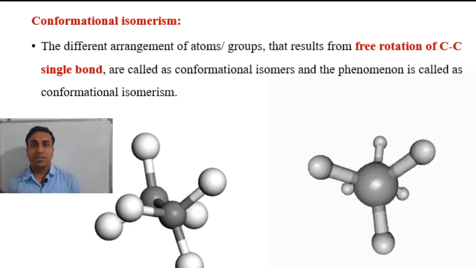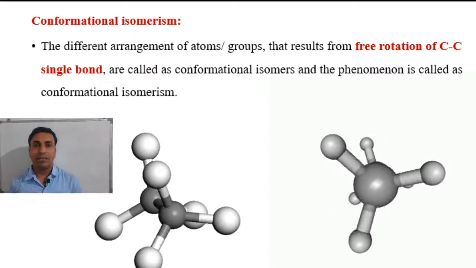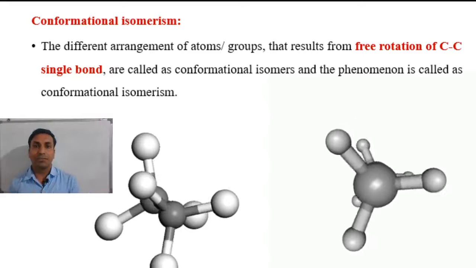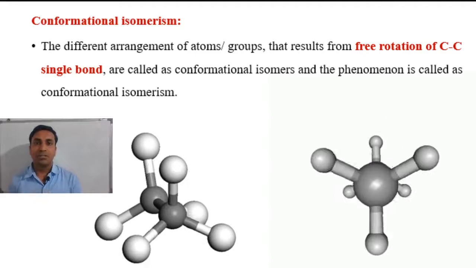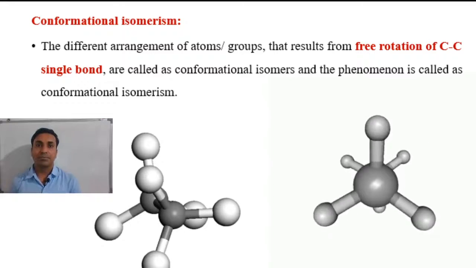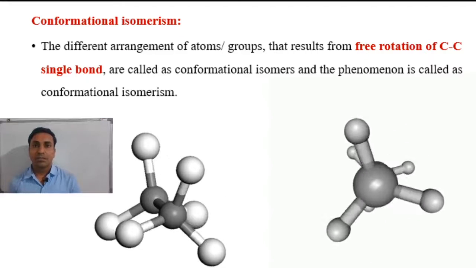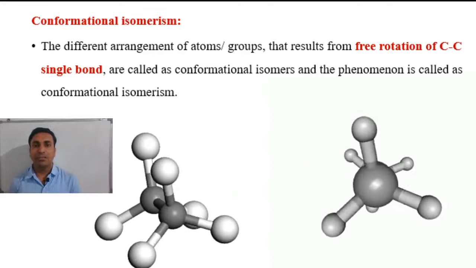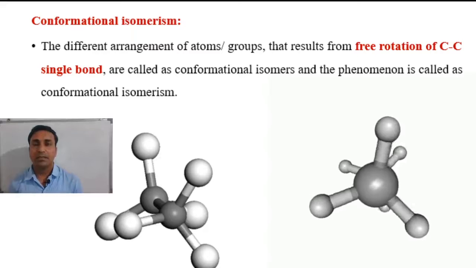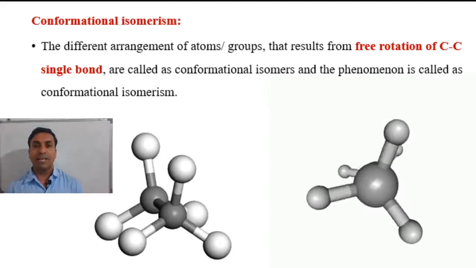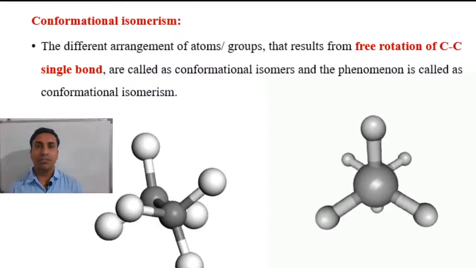And at some other instance, they are maximum away from each other. We can look at the substituent on the front carbon as well as the substituent on the back carbon. They are maximum away in that arrangement, and that conformation is called staggered conformation. So eclipsed and staggered are two types of conformations.